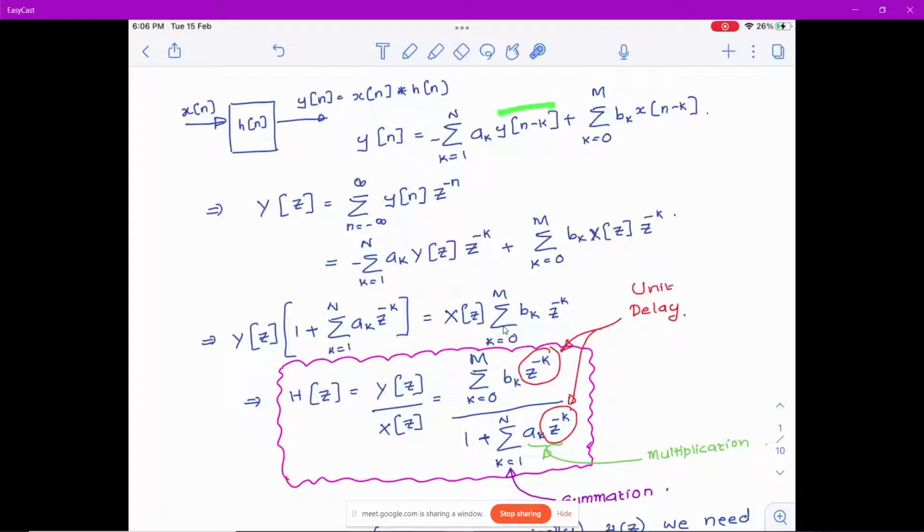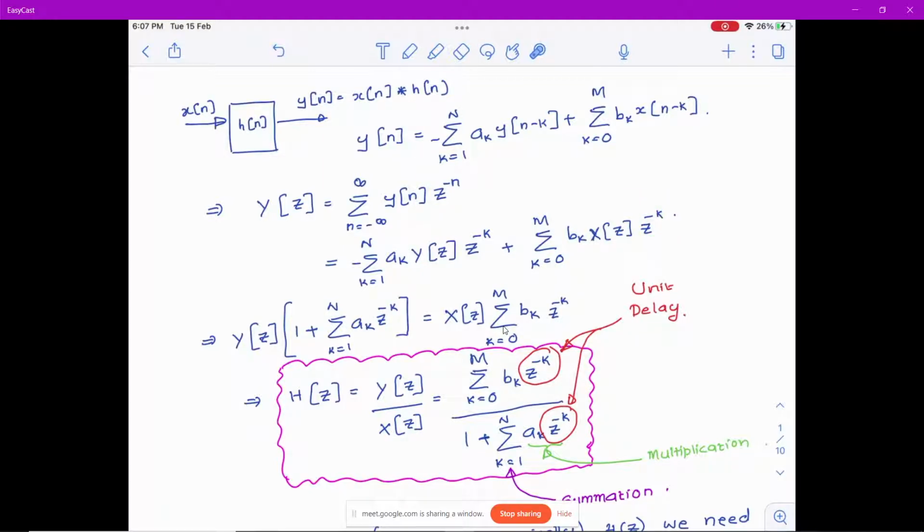So y of n minus k is equivalent to y of z multiplied by z raised to minus k. Similarly, for x of n minus k, the z transform will be x of z multiplied by the shift.